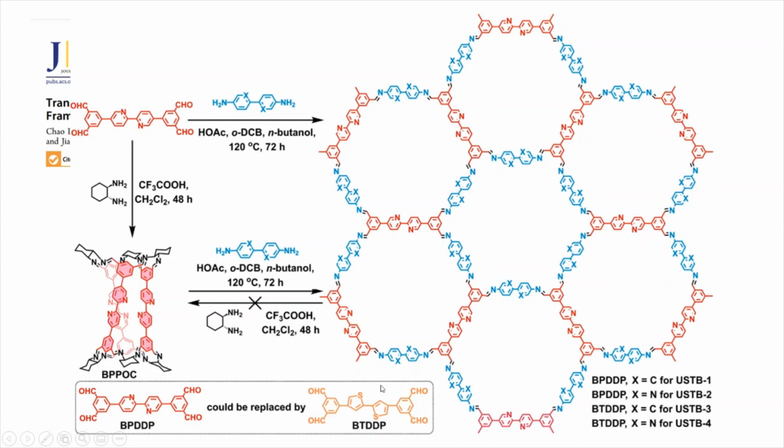Right now I'm not a material chemist anymore, so I'm not going through details on it. If you want to study, you can read those papers, but simply I'm showing the reaction, how they are applying these kinds of Schiff base reactions for complex chemistry or material chemistry to make the MOF and porous organic cages.